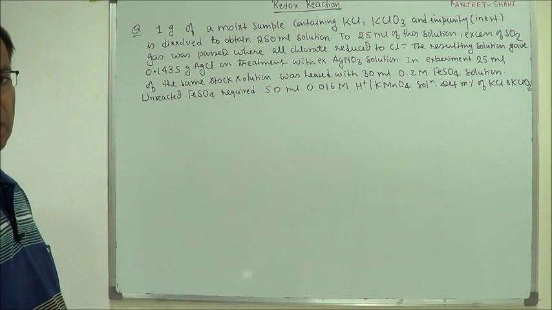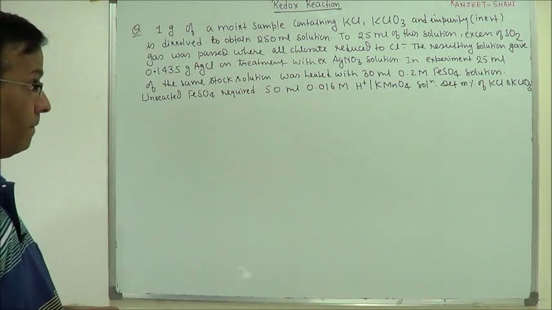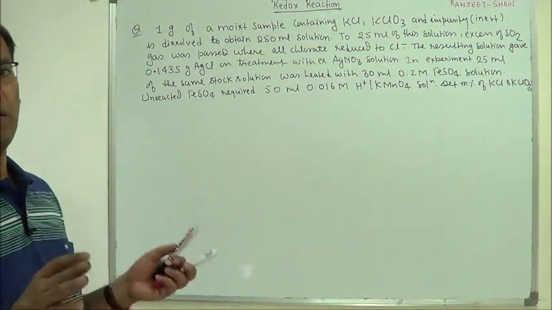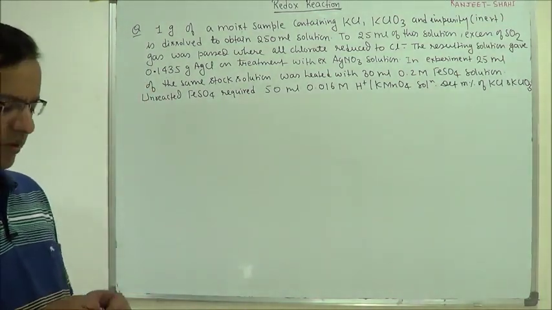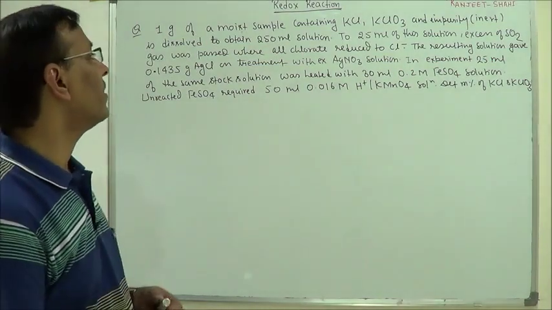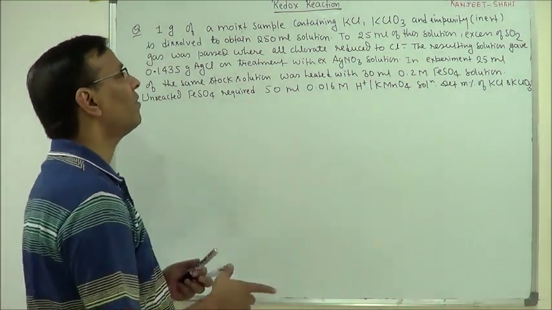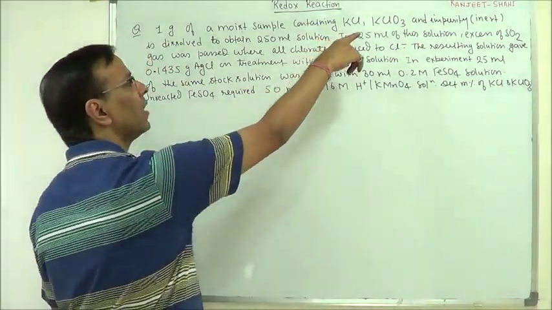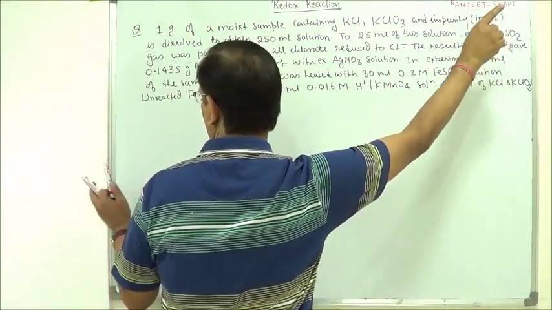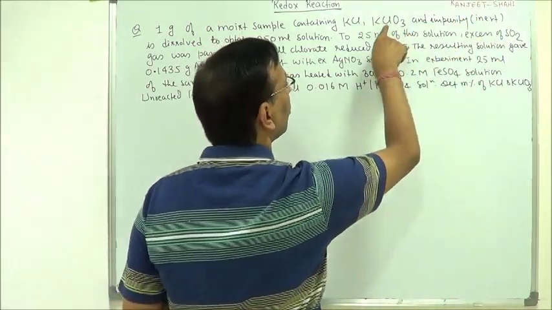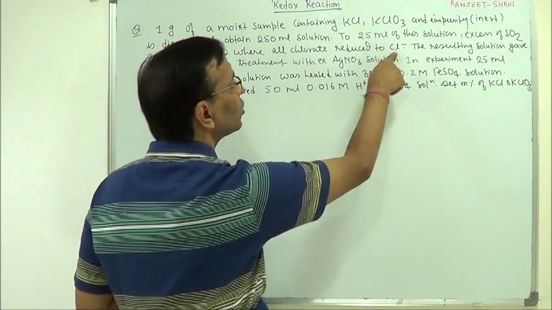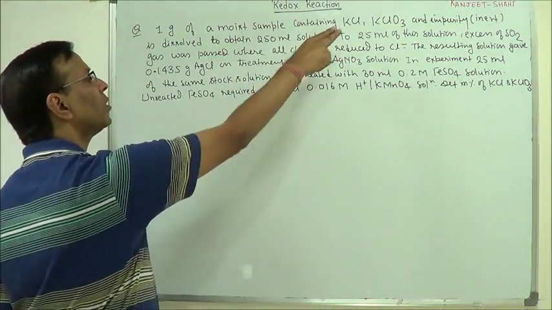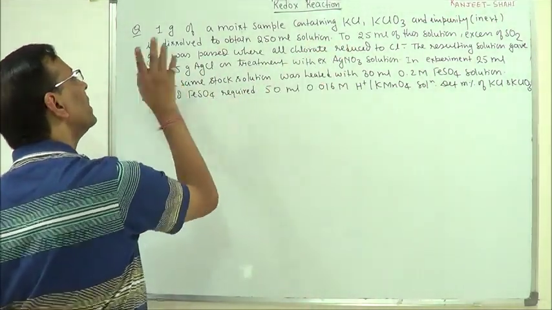A lot of things are given in this question, but its solution is not as lengthy as the question is. Its solution is very straightforward. What is important in this question, that in the first experiment SO2 reduces chlorate to chloride. So some chloride will come from KClO3 and some in original, and both of them will be precipitated as AgCl.